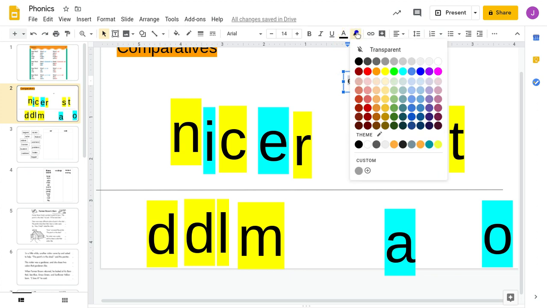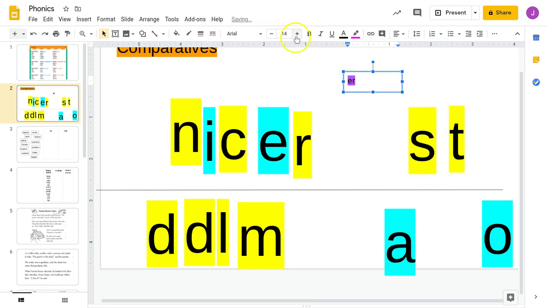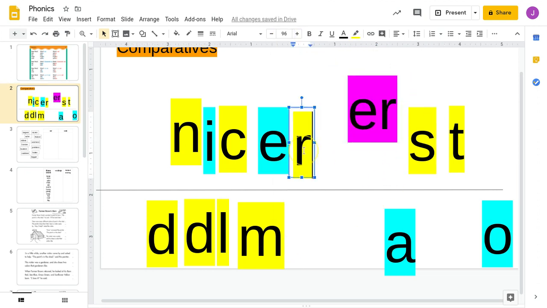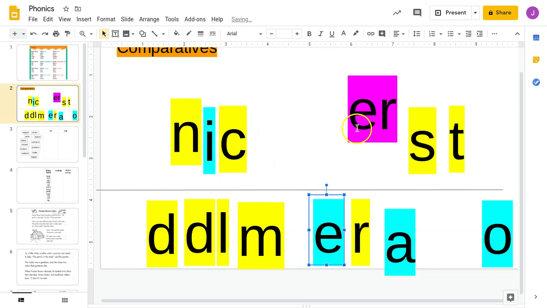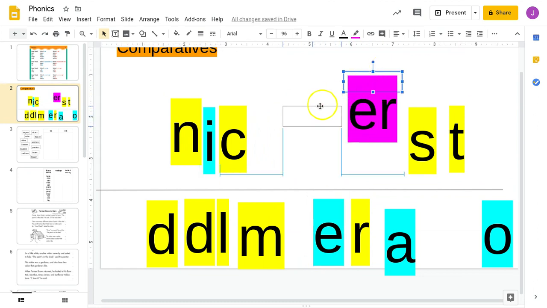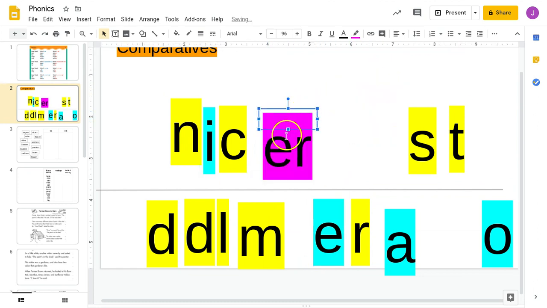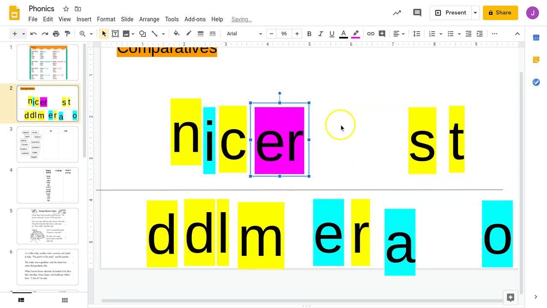Let's make that one purple. There. So drop that original E, and then I can add my ER.